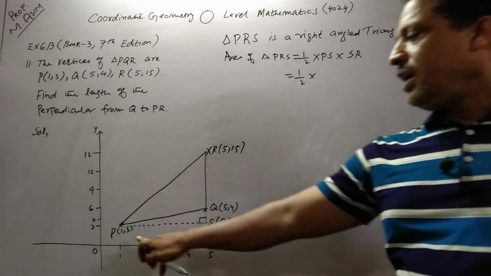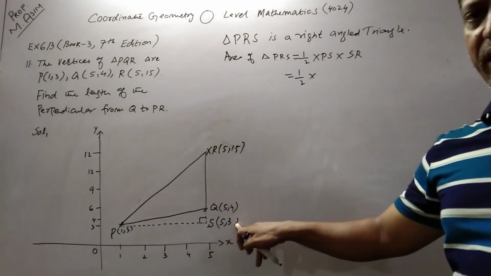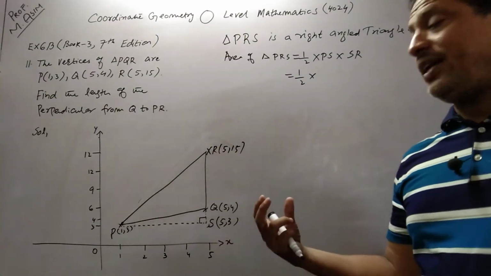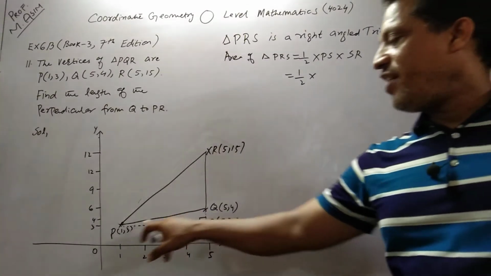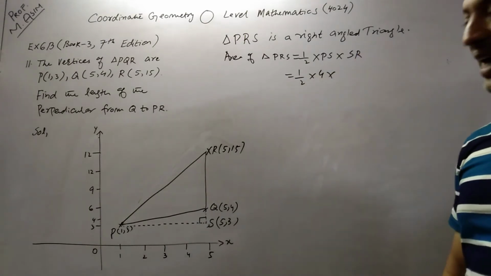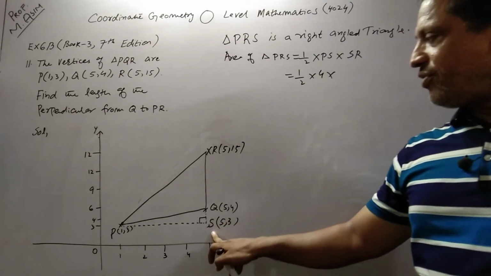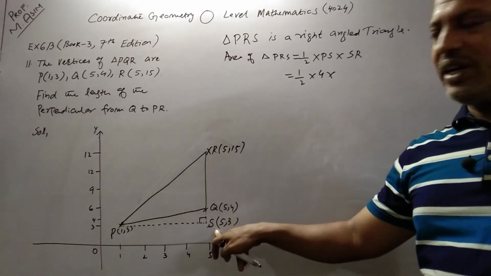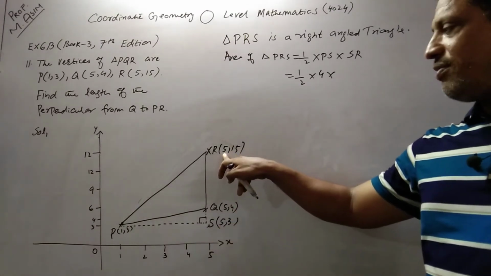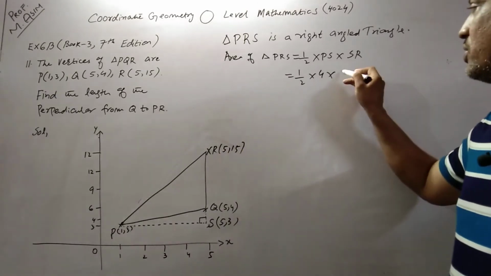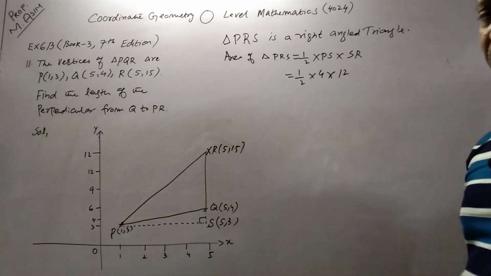See carefully, this is (1, 3), this is (5, 3). The y coordinate is the same, therefore you can directly find the length of PS as 5 minus 1, which is 4. And find SR: this is (5, 3), this is (5, 15). In this situation the x coordinate is the same, so you just subtract the y values: 15 minus 3, so the answer is 12.